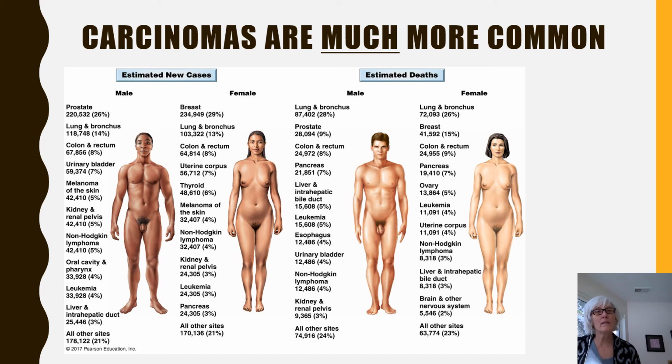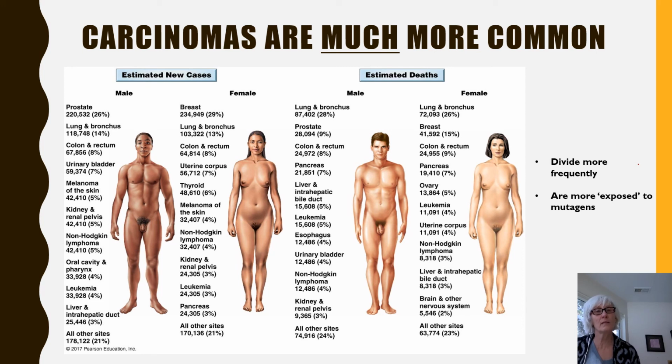But we believe that there are a couple of reasons for the overwhelming abundance of carcinomas relative to sarcomas, and that has to do with the fact that epithelial cells or epithelial tissues in general divide much more frequently. That is because your epithelial tissues are constantly replenishing themselves. So you slough off skin cells, for example, and you need to fill in those areas with new cells.